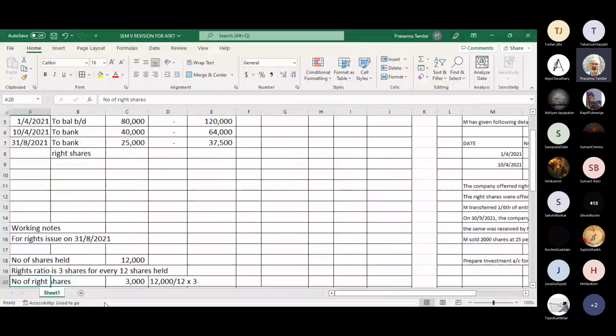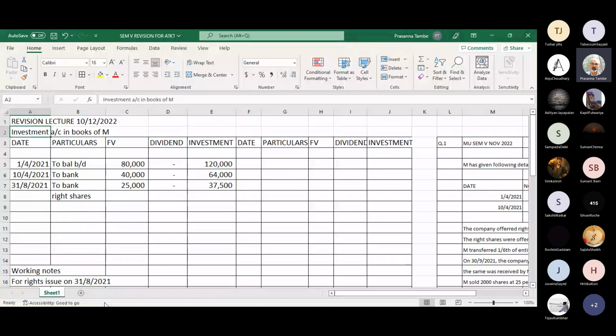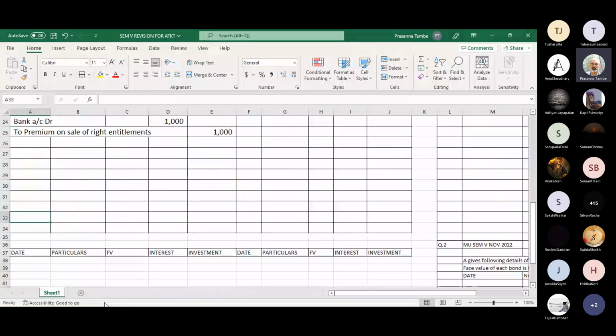Okay, so let's see how we can account for this. Now if you see the details, he has got 3 different lots of shares. Okay, we'll plot these details. Dividend received. Okay, he had opening balance 1/4/2021, then on 10th April he purchased shares, and 31st August was a right issue.